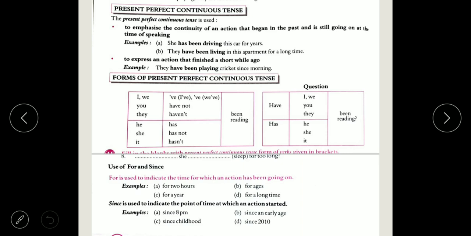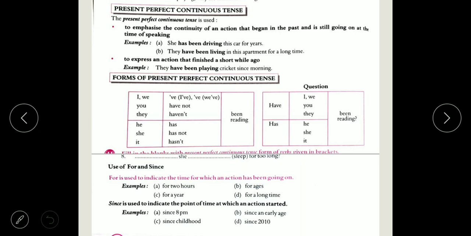To express an action that finished a short while ago: they have been playing cricket since morning. Now, the form of present perfect continuous. With I, we, you, they, we have to use have. In negative form, we have to use have not. With he, she and it, has not.